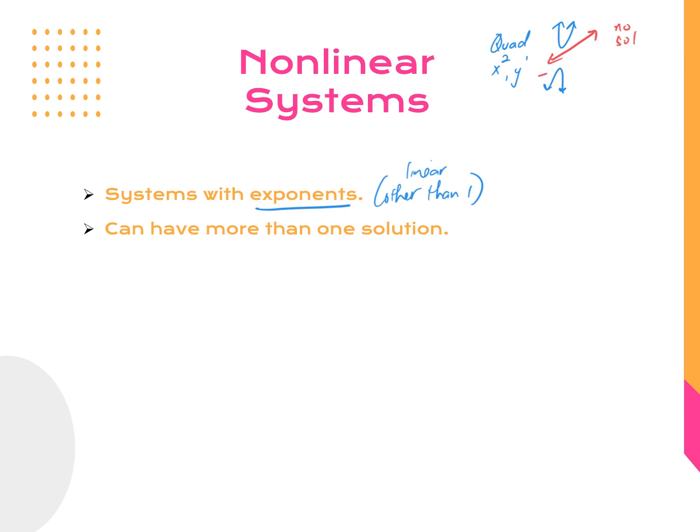It could be something like this where it only touches at the vertex, so it may have one solution at one location, right? Or you might even have a quadratic that looks like this and a line that goes through it and it intersects at 2, so you have 2 solutions. So when you have a quadratic equation and a linear equation, you may have 0, 1, or 2 solutions.